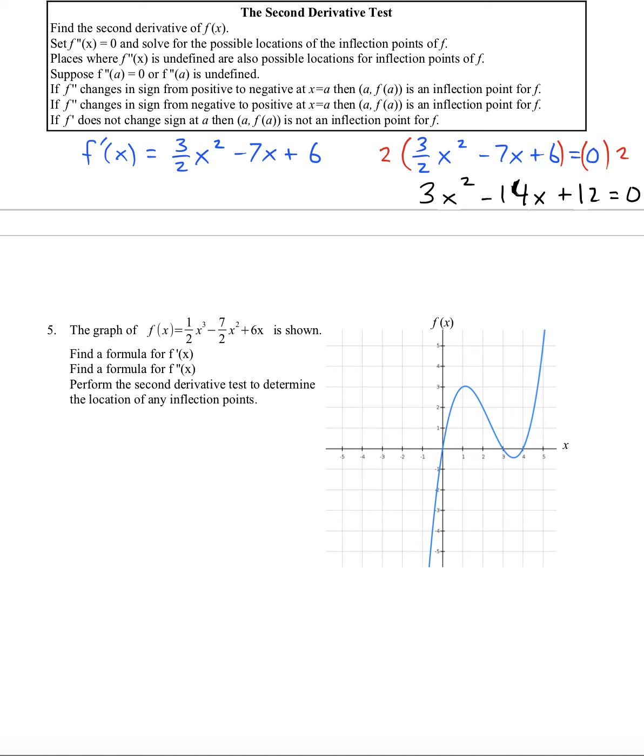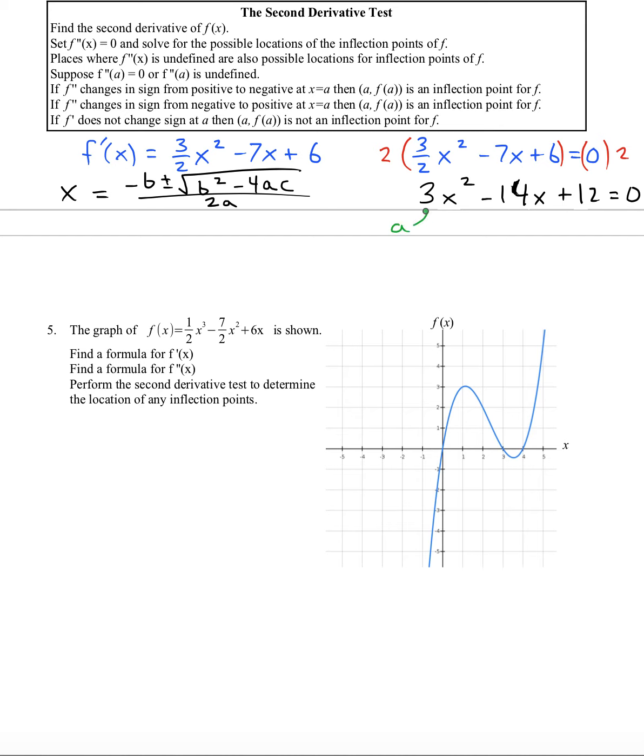Okay, now that's not going to factor nicely by the looks of the graph there. We're not going to get integer zeros out of that. So I'm going to use the quadratic formula, which will help us find the location of the zeros. It's negative b plus or minus the square root of b squared minus 4ac all over 2a.